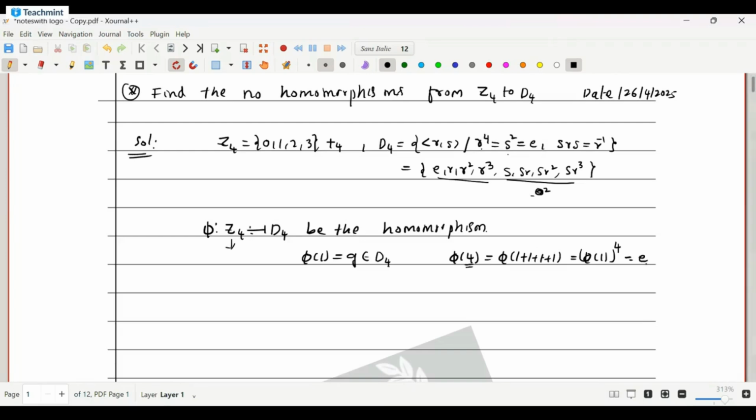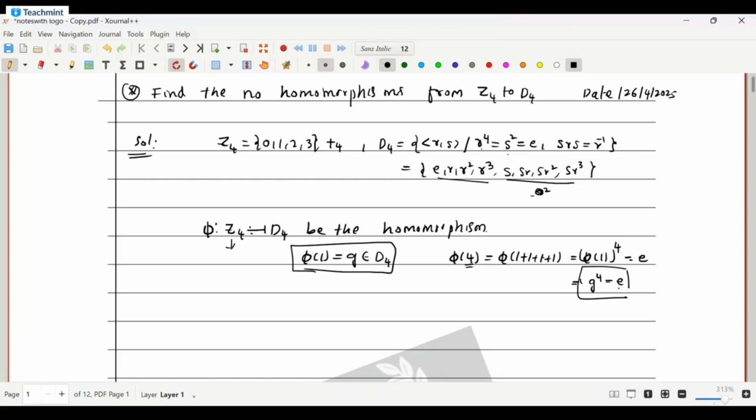So which maps to identity E. So that means G power 4 is equal to E, where pi of 1 is equal to G, kada. So any homomorphism should satisfy this condition: pi of 1 equal to G, G power 4 is equal to E, kada.